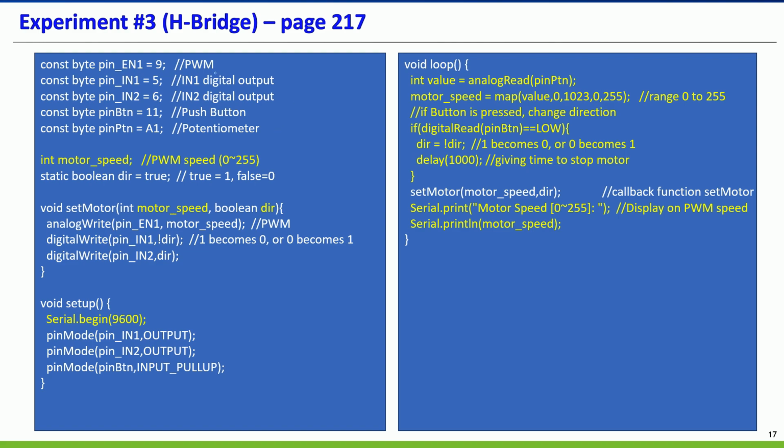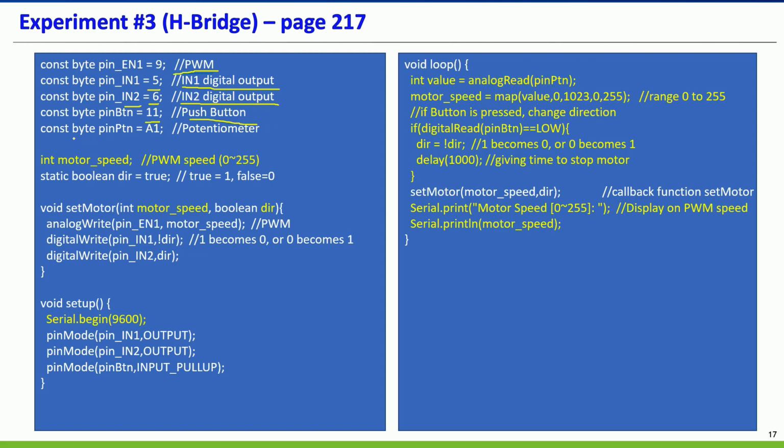Okay, for the code, firstly you have to define constants. In here you already know pin 9 is for PWM, input 1 is pin 5 for digital, input 2 is pin 6, digital output, and the button switch is 11.